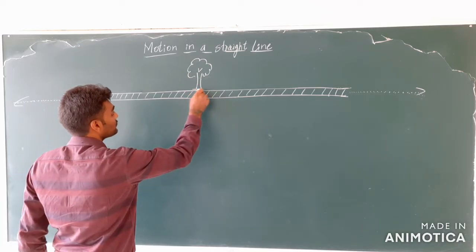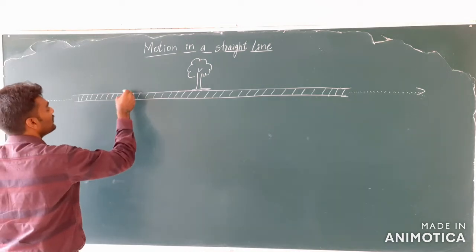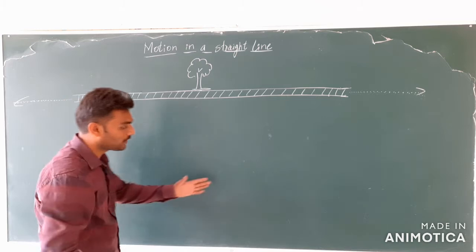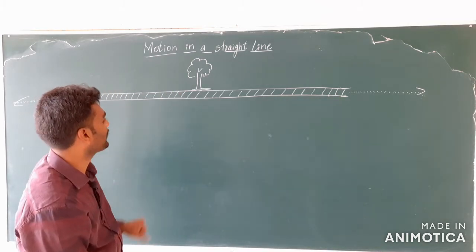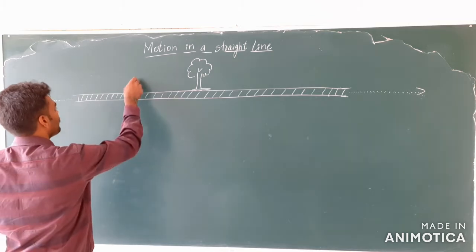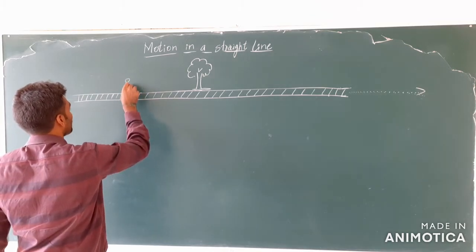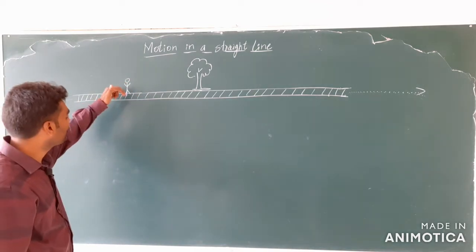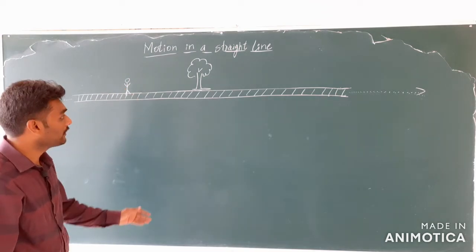Now a person initially comes, and you are someone standing at a certain distance, watching what is happening here. A person comes and stands at this point. While walking, he rests at a certain point like this.